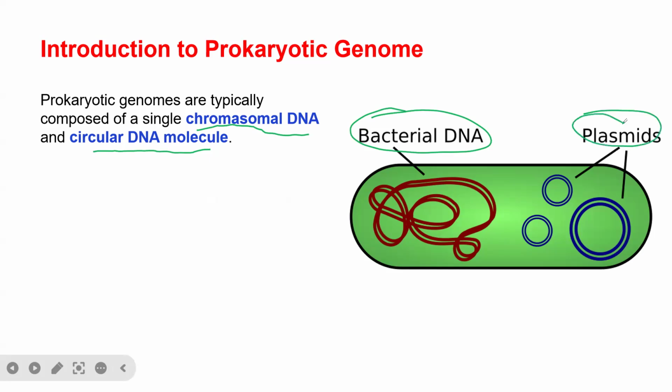And they are all located in the cytoplasm of the prokaryotic organism because they don't have a nucleus and membrane boundary. So no nucleus, no mitochondria, no Golgi body. That is why these genetic materials are found in the cytoplasm of living organisms.